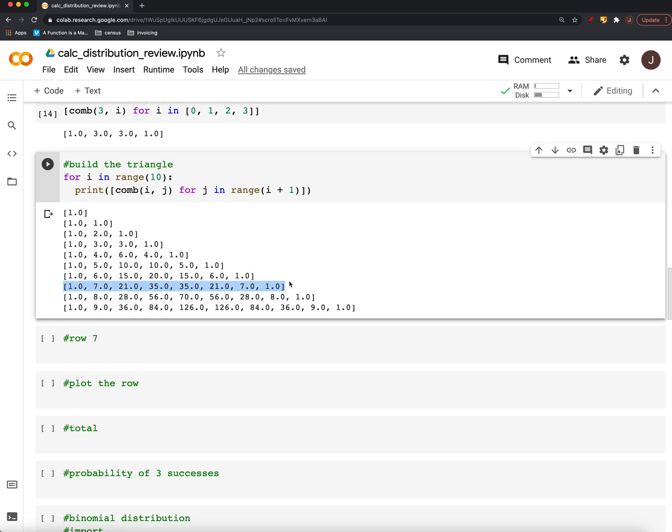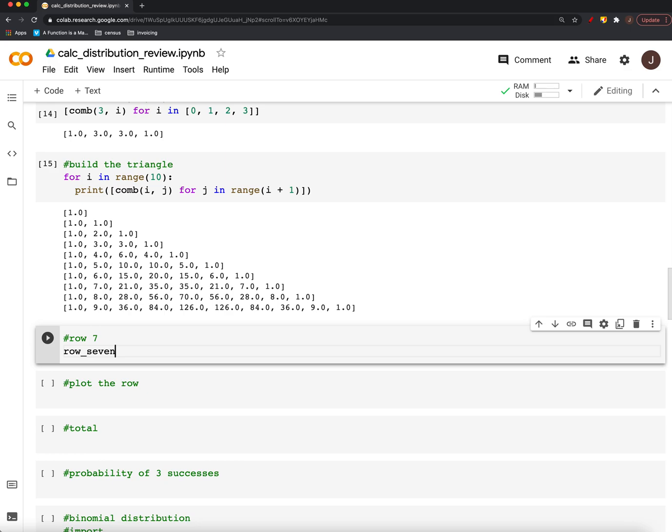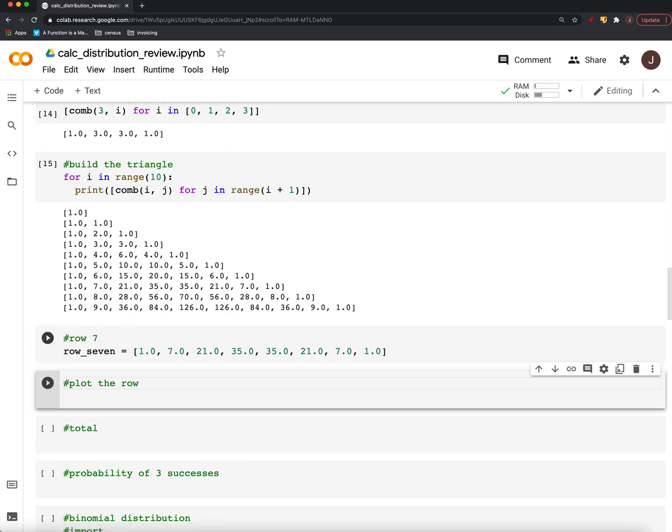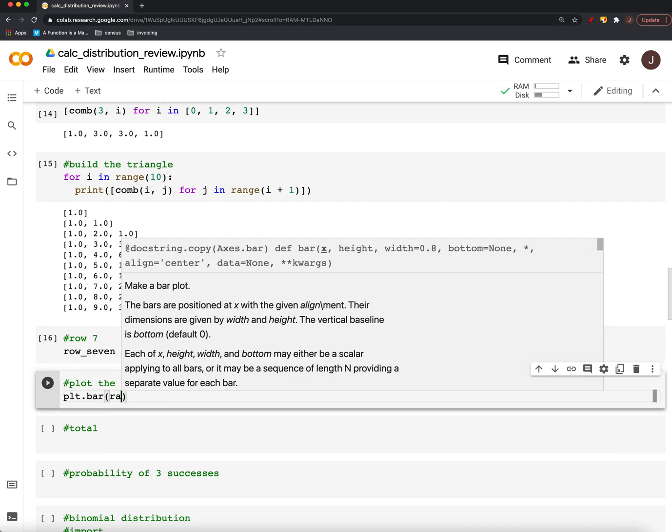Okay, and again, what we were usually interested in was exploring all of these possible outcomes. So let's look at row 7 here, and let's make a plot of this.